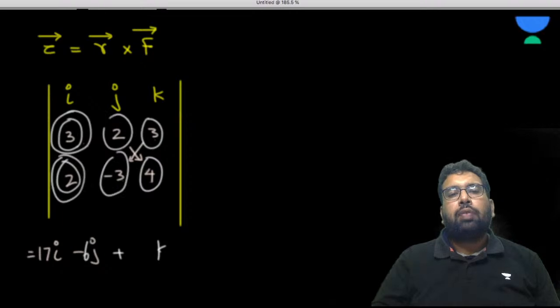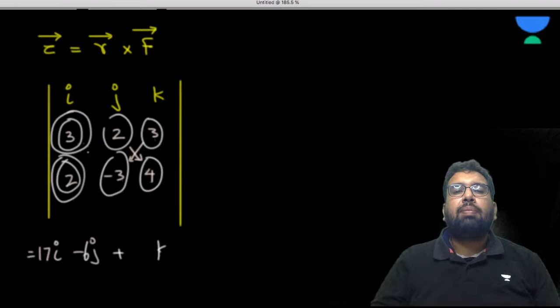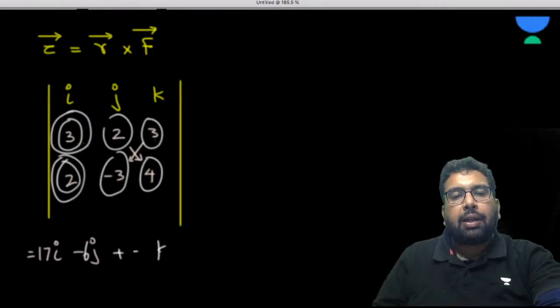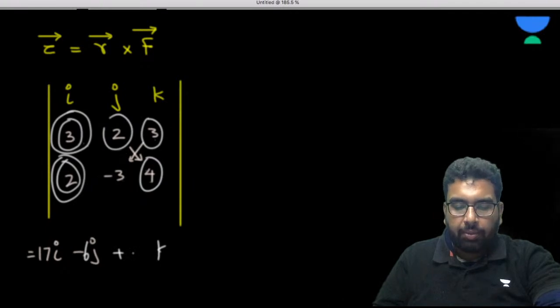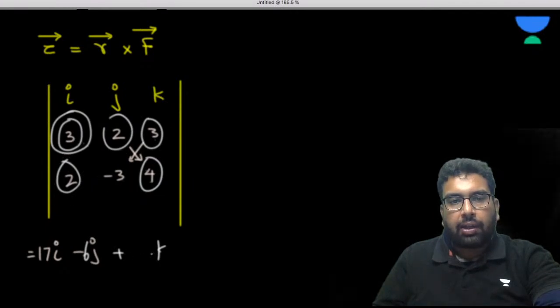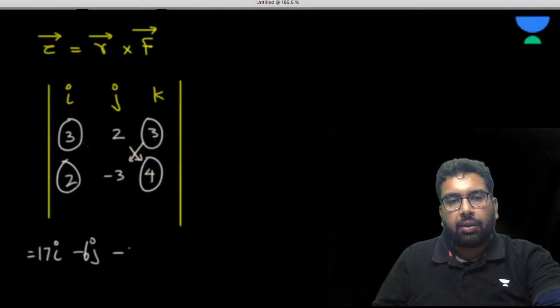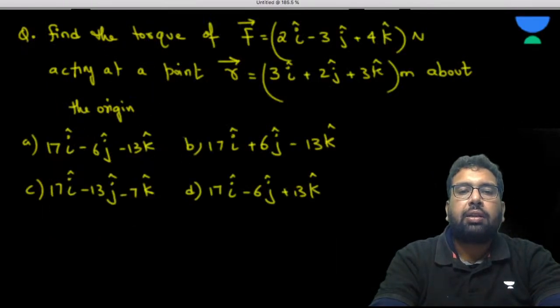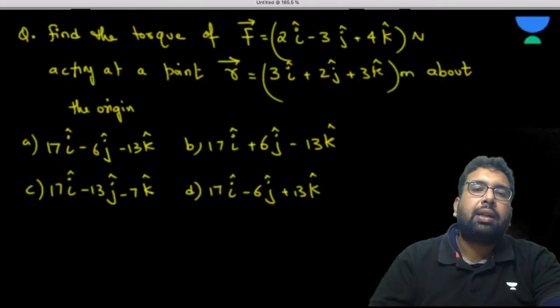So it will become 3 minus 3, that is minus 9, minus 4. So minus 9 minus 4 will become minus 13, beta. So this will become 17i minus 6j minus 13k.